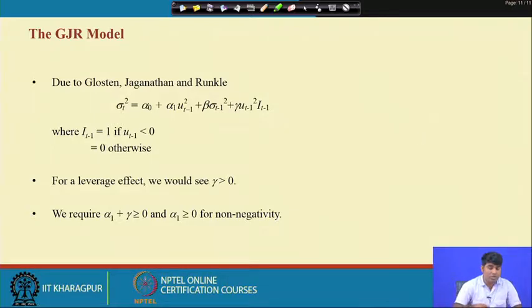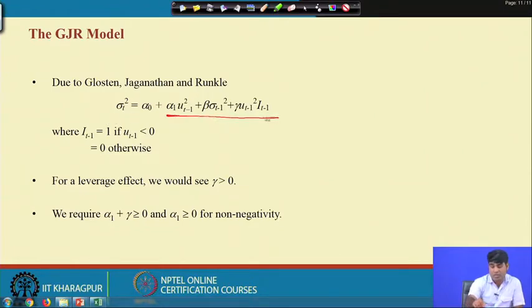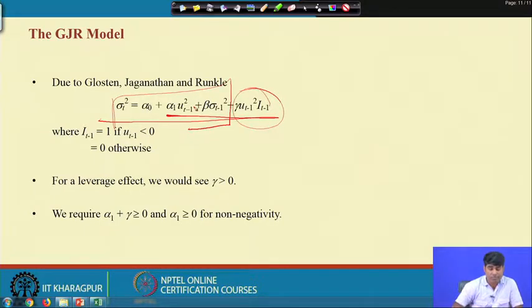So, there is technically another parameter which can bring a difference in the case of EGARCH, and then the other form is called the GJR model. It was developed by three great statisticians, named after them, and the typical structure of this model is like this. It is again an extension, this part is actually GARCH, and then this is the extra extension which we would like to have, and the I t minus 1 is the connecting point.